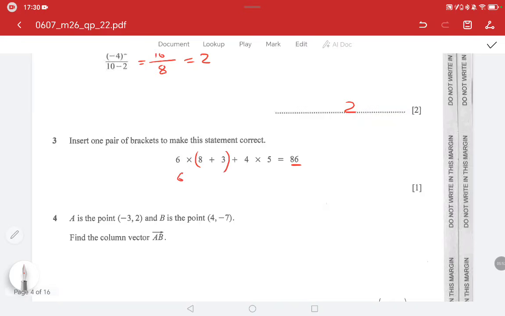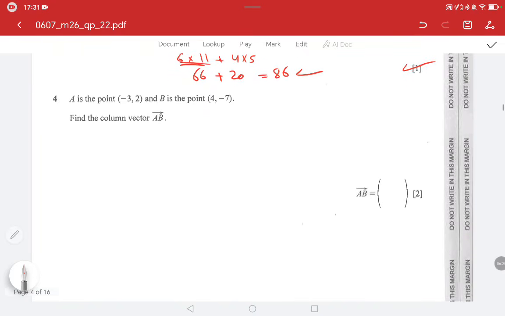This is 6 times 11 plus 4 times 5. 6 times 11 is 66, plus 20, so this is 86. So the bracket we put is correct. You don't have to make these calculations; this is just to prove that our work is correct. It's only 1 point. So the bracket should be there.